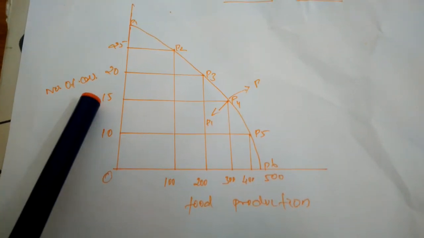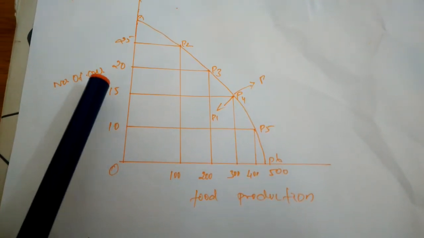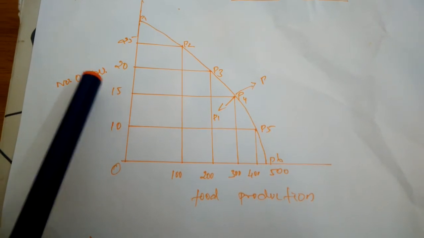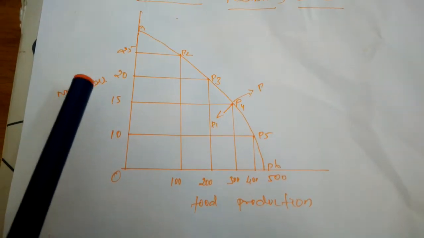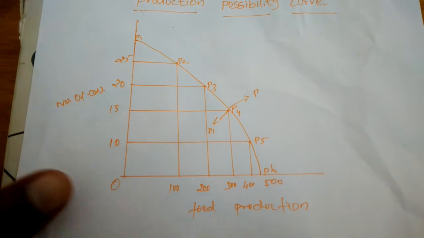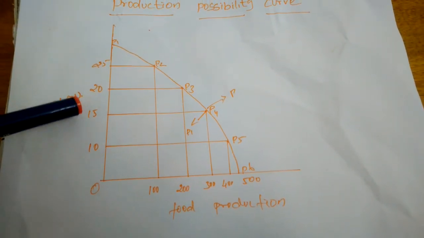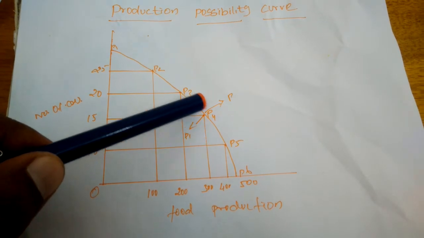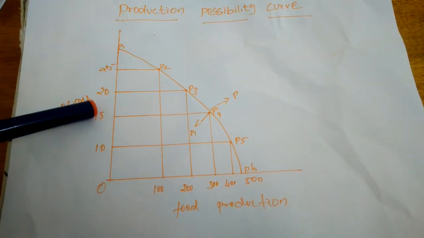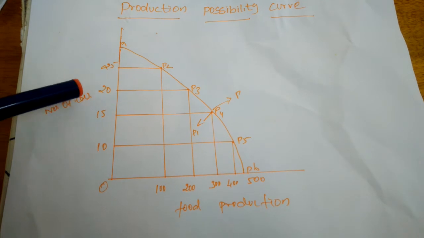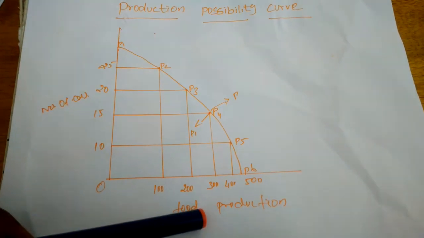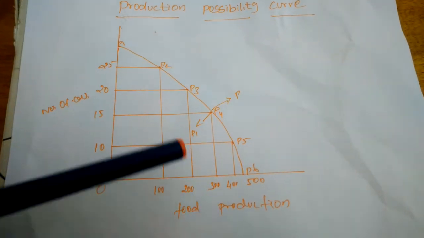Normally, all nations want to have full or optimum satisfaction. If the nation selects P4, it will be in equilibrium between the production of cars and the production of food.